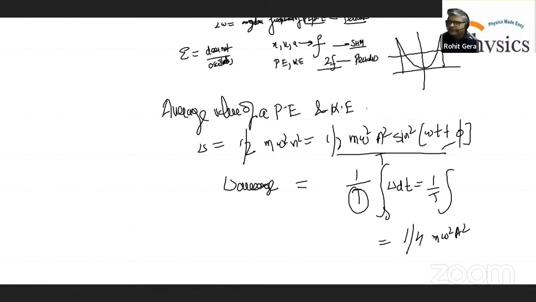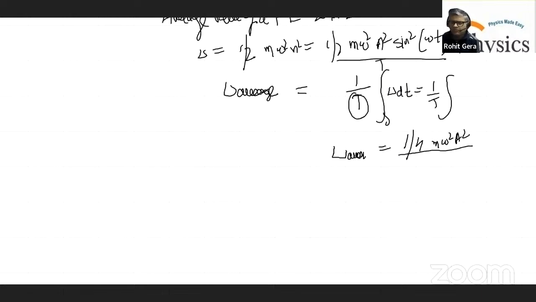So the average of the potential energy is this over a cycle. Okay, half the total energy, total mechanical energy. इंस्टेंटेनियसली चेंज हो रही है, एवरेज निकाल लिया आपने.